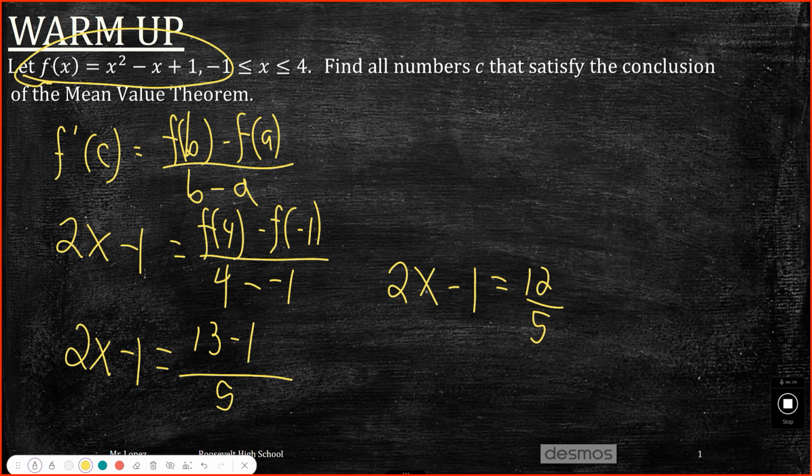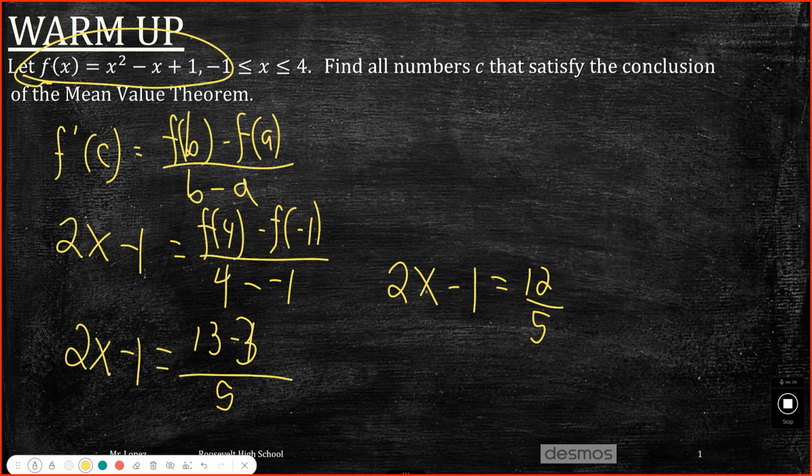I think it's 3. I think it's 13 minus f of -1, which is -1. Minus f of -1, negative is plus 1, so it's 3.